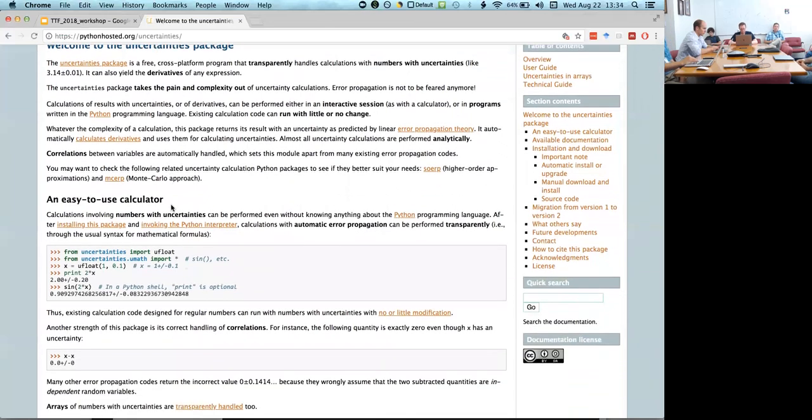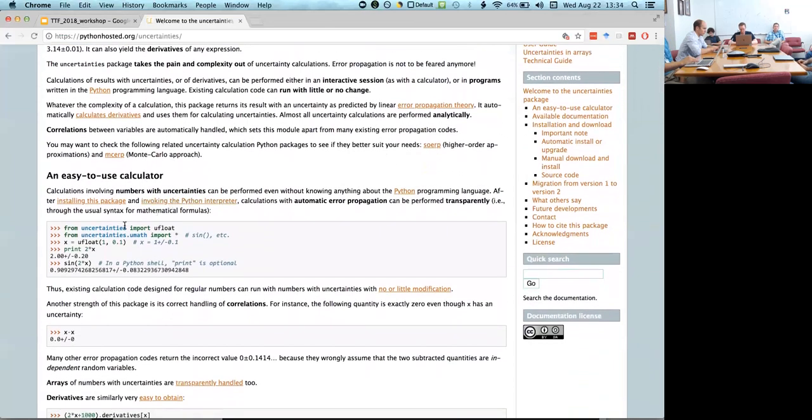So we can see here that the uncertainties package has something called a ufloat. As you give ufloat a nominal value and its uncertainty, then if you ever print something, it will print out 1 plus or minus 0.1, so nominal value plus or minus the uncertainty.